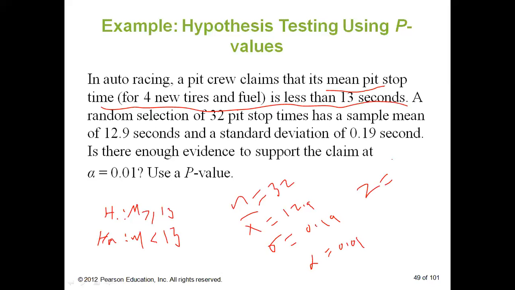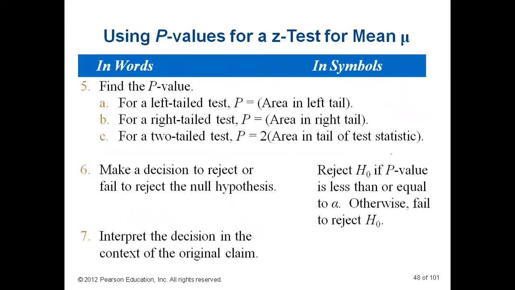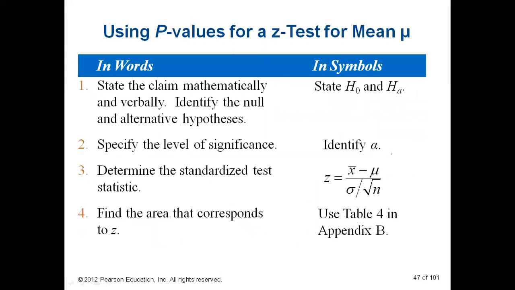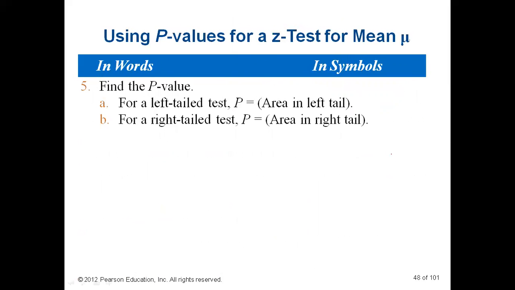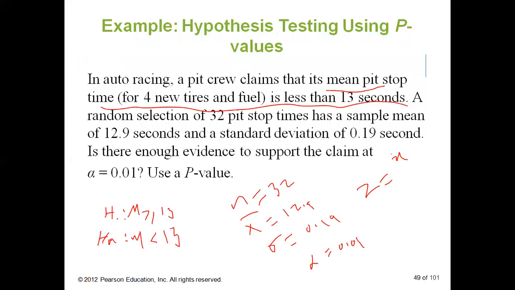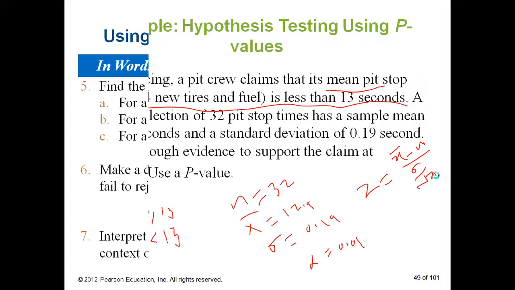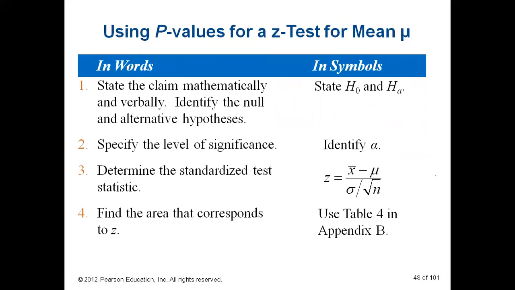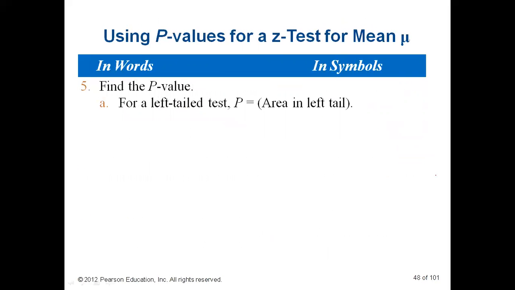Z is x bar minus mu divided by sigma by root n.